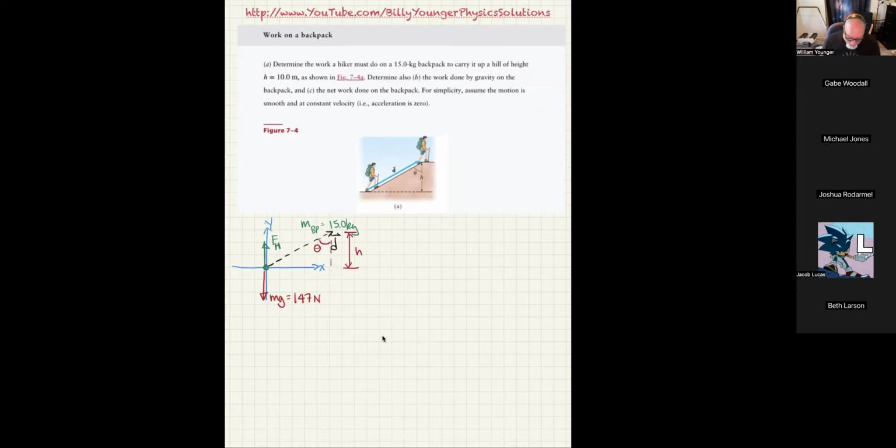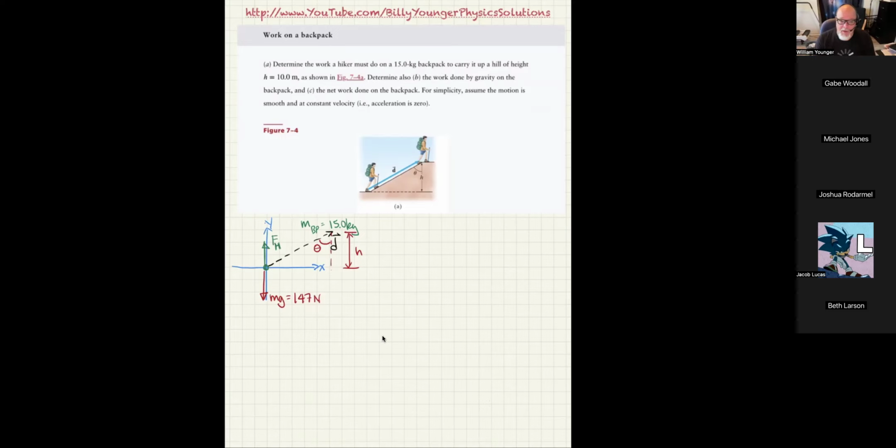That's going to be relevant because what we have to find is the component of force that's parallel to that displacement vector D that I just drew. So let's draw the green vector as a sum of two components. One component will be parallel to the d vector and the other component will be perpendicular to the d vector. That is actually fine.